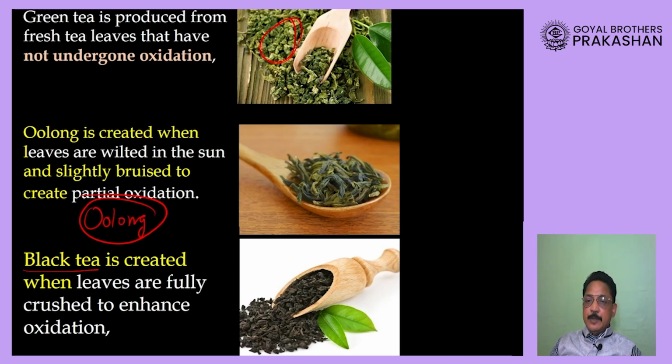So when the tea leaves are not fermented, we get green tea. When partially fermented, we get oolong tea, and when completely fermented, we get black tea. In India we basically use black tea.